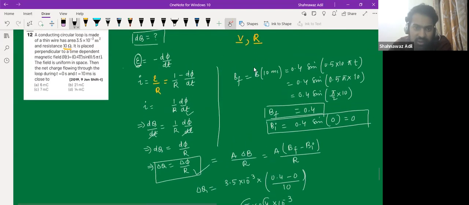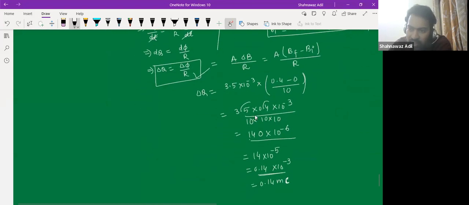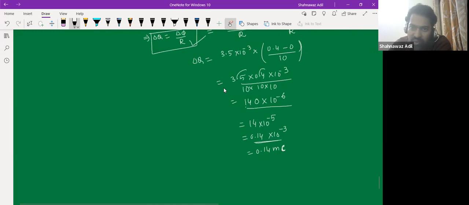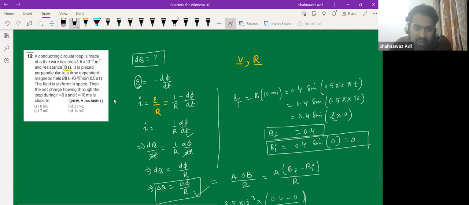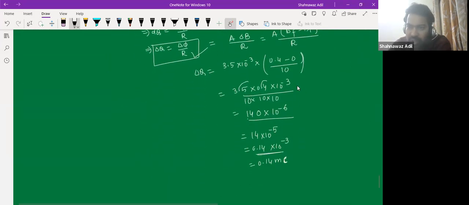So yeah, this should be the answer, right? Again, what did we miss in this one? This is where all the things are in assignments, right? Okay, so this should be 0.14 million, right?